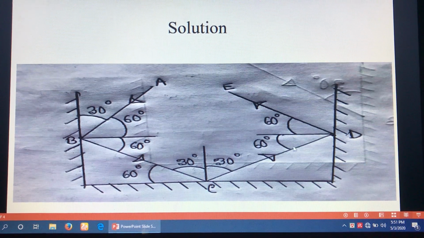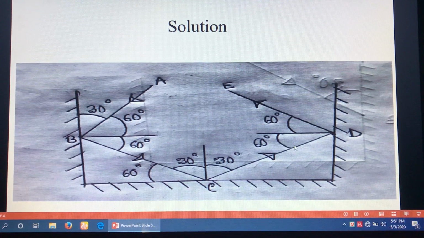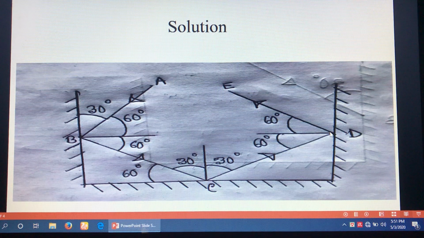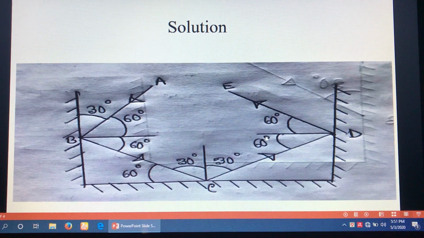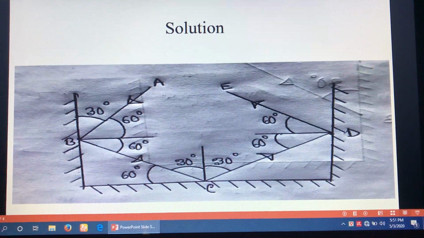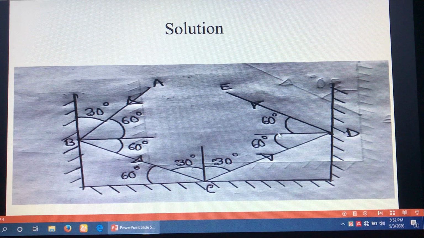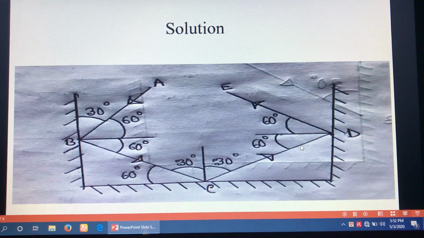This is the reflected ray for the second mirror, but it is the incident ray for the third mirror. So this is the third mirror. At point D, we draw a normal. This is the normal and this is the incident ray for the third mirror.